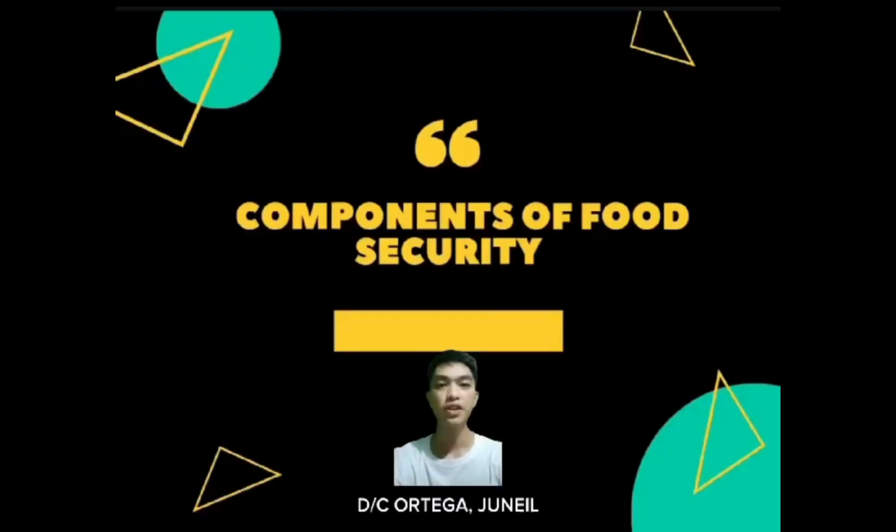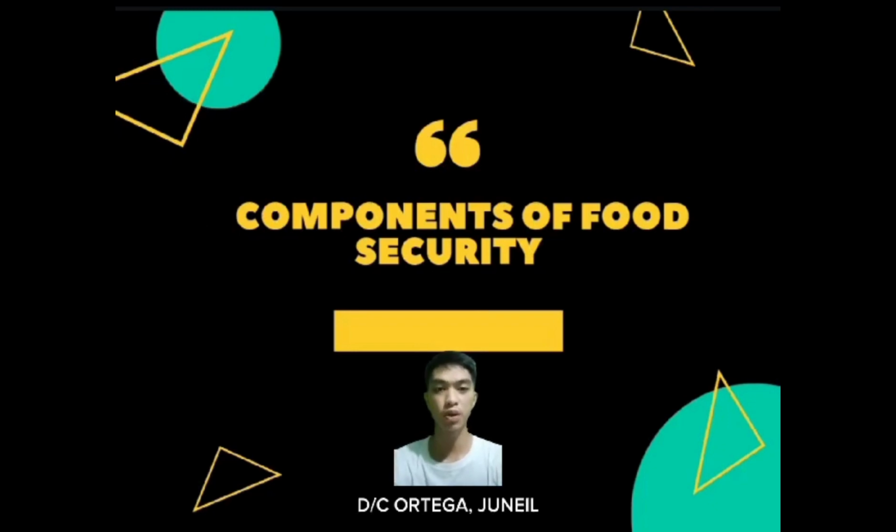So, food security encompasses five essential components. There must be a consistent and sufficient supply of food, either through local production or imports. Secondly, individuals must have economic access to obtain food, either through purchasing power or social safety nets.